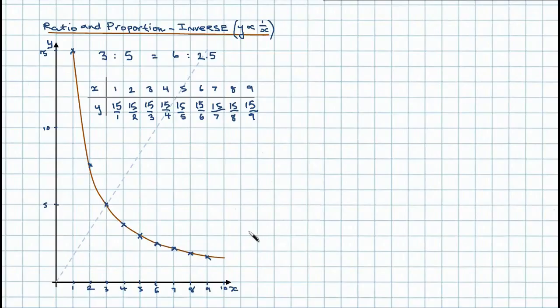Now having worked that through, let's see if with just that bit of knowledge we can solve some problems. So let's just use this problem that we had here. Let's call it problem A. So we've got 3 to 5, which is inversely proportional.